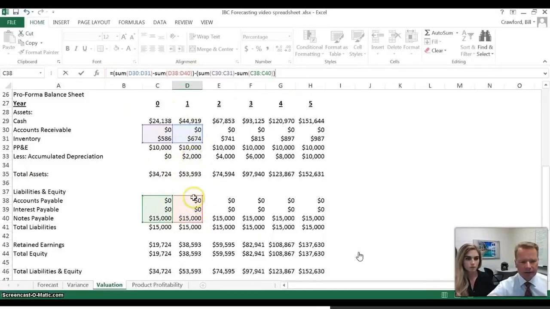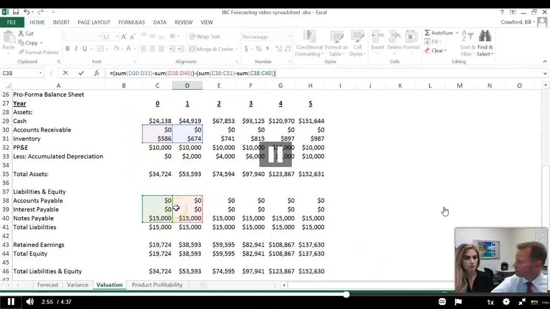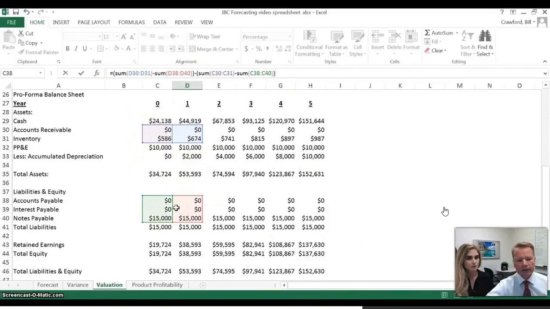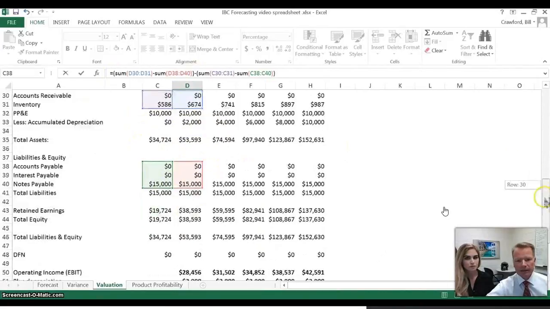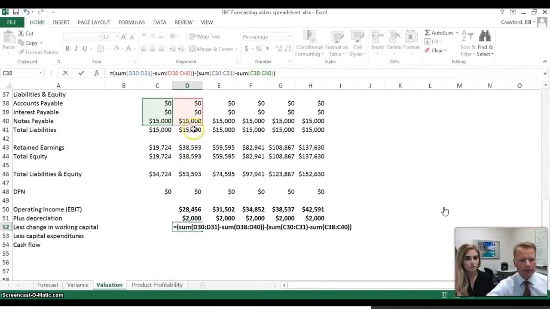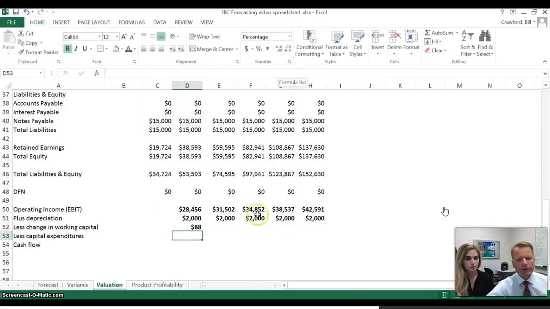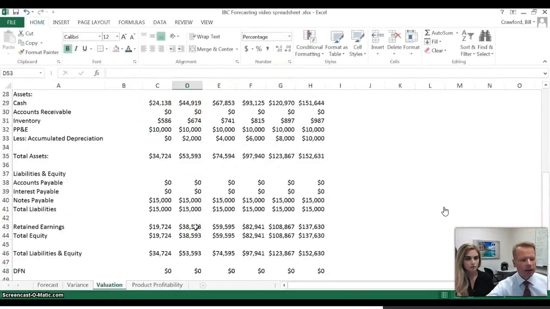Whatever this is, it changed from the previous year, so we have to subtract the previous year from that. And that gives us the change in working capital. That's probably the hardest thing you're going to do in this video series right here. So we'll come down to the formula, hit enter, cross our fingers. Our working capital changed by $88.